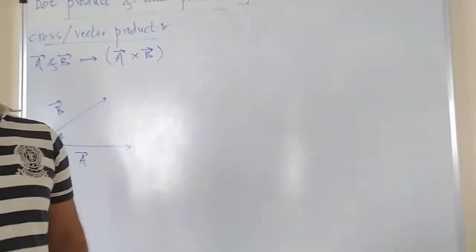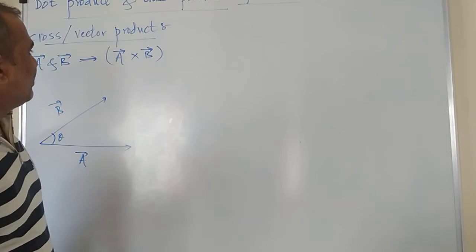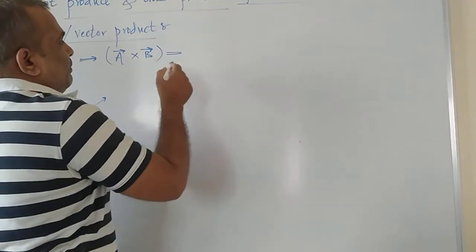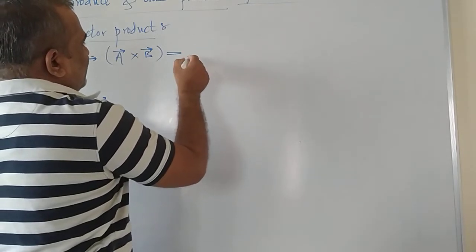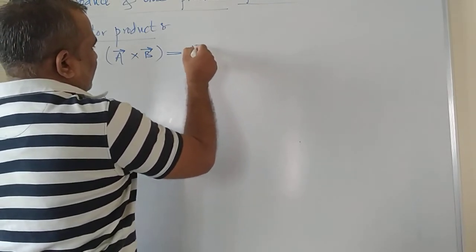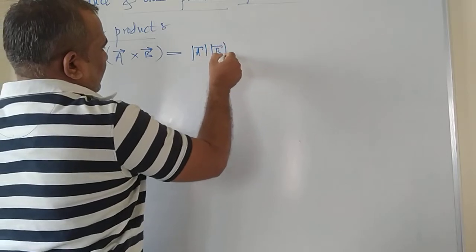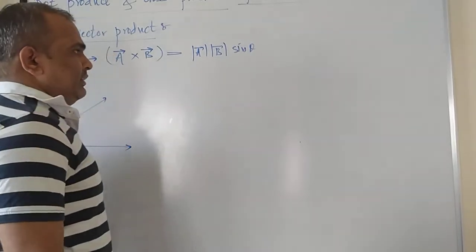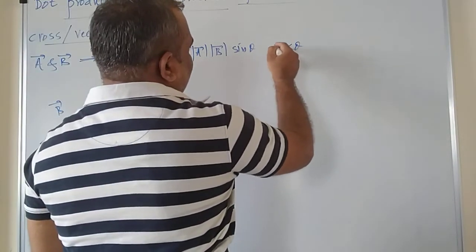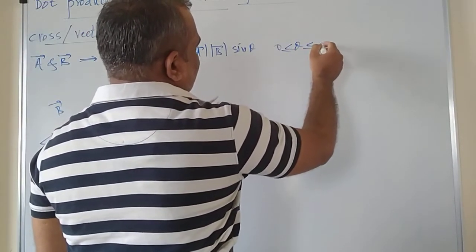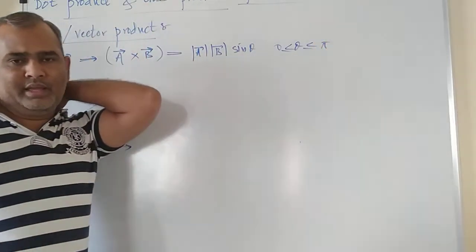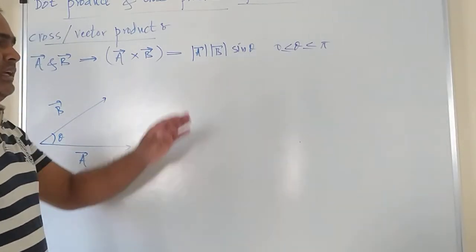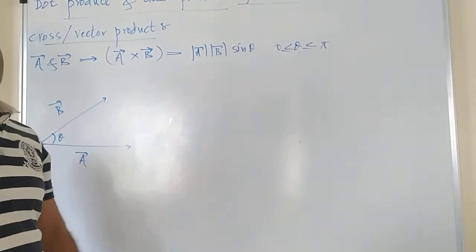Then the cross product is defined as the product of the magnitudes of the two vectors into sine of the angle between the two vectors, where theta is greater than or equal to 0 and less than or equal to pi. This is called the cross product. Simple definition like scalar product. In the scalar product we have cos theta, here sin theta.